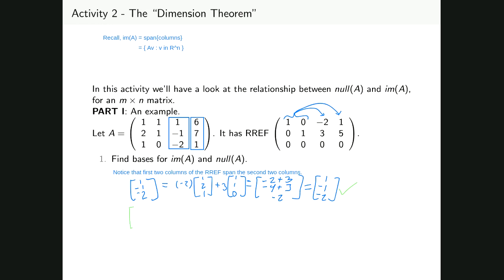Okay, so we'll say 6, 7, 1, and we'll try that as being 3 copies of 1, 2, 1, and 5 copies of, oh no, sorry.